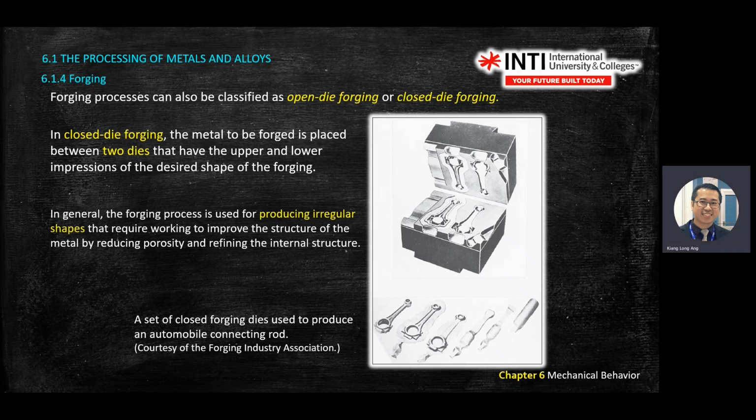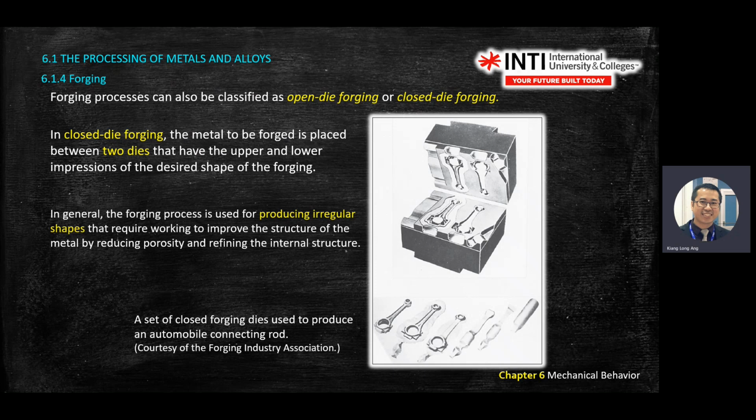So the practicality of forging is to create irregular shapes compared to casting. Okay, compared to casting. So by looking at the end product, you should be able to predict what are the processes involved, right? So for example, rolling sure comes out with a flat sheet, right?